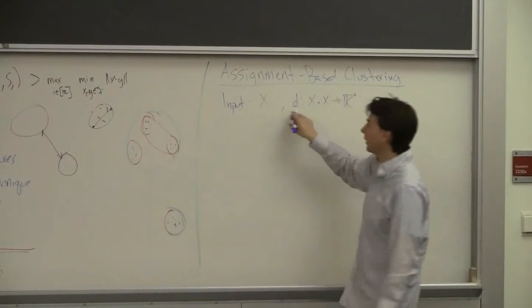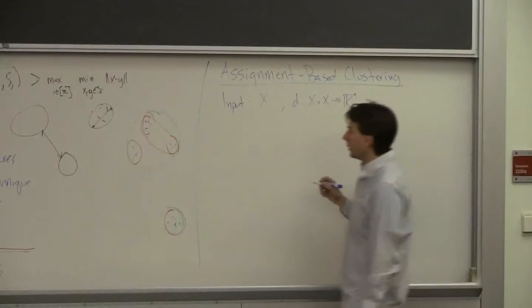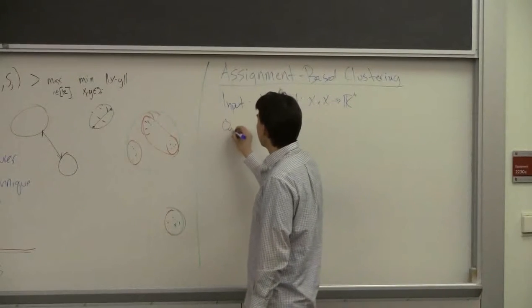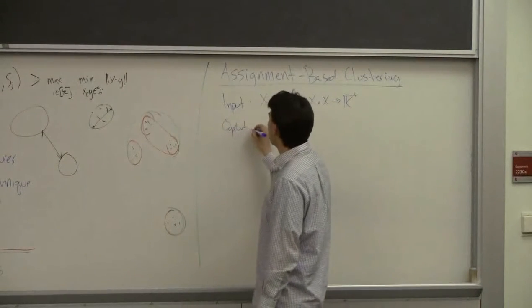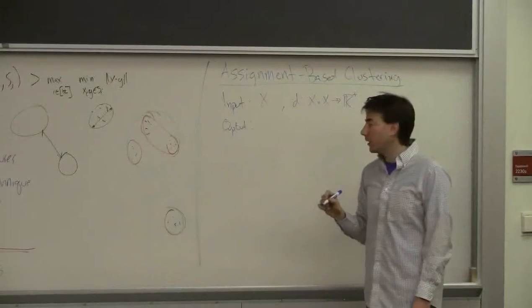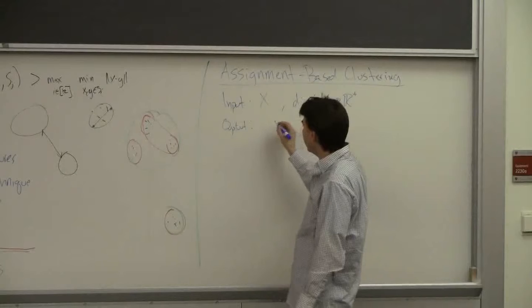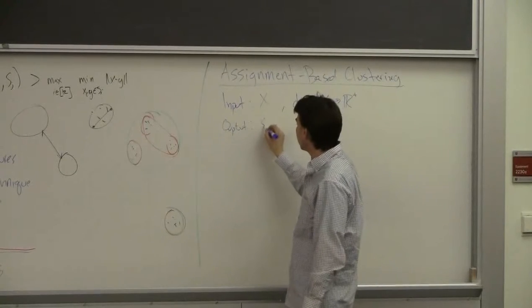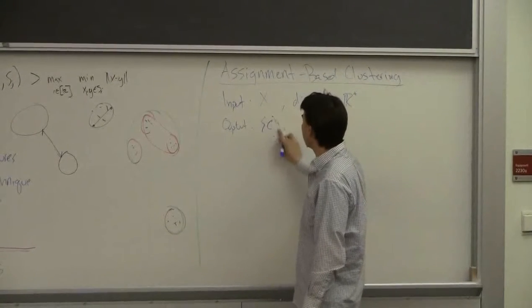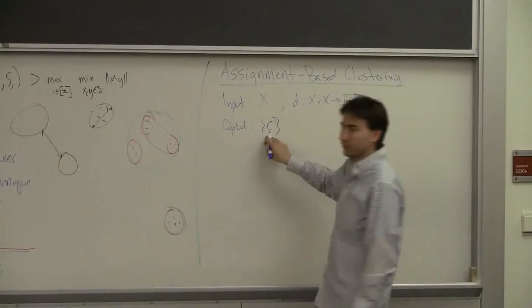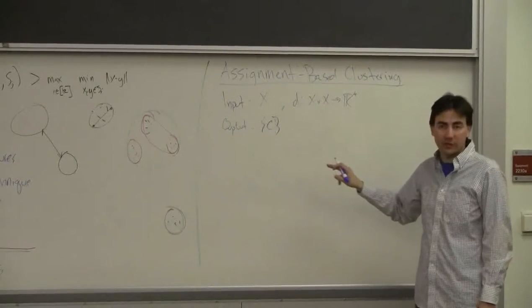So you're going to have a set and a distance, and your output is actually now going to be a set C of cluster centers.